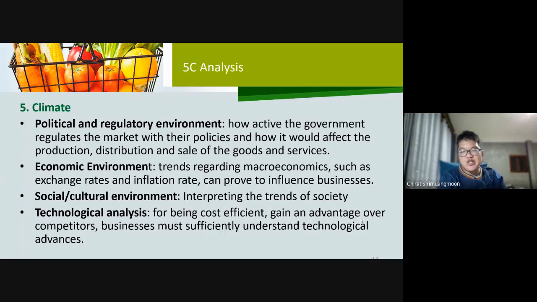Last one is technological analysis. Technological analysis is about analyzing yourself. Do you have very good or innovative technology or not? If you do, like you can produce coconut juice without any cooked flavor, because generally you need a pasteurization process to extend the shelf life.